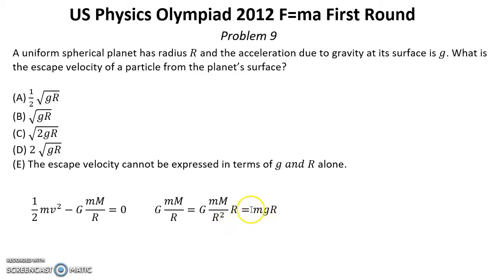So that's equal to mgr. When we put this into the equation, we can find the escape velocity. Escape velocity equals the square root of 2gr. That's answer C, the correct one.